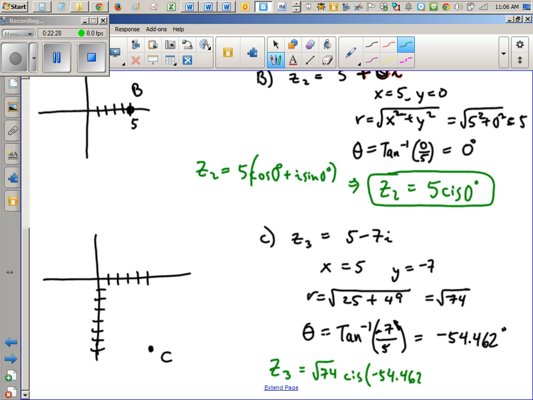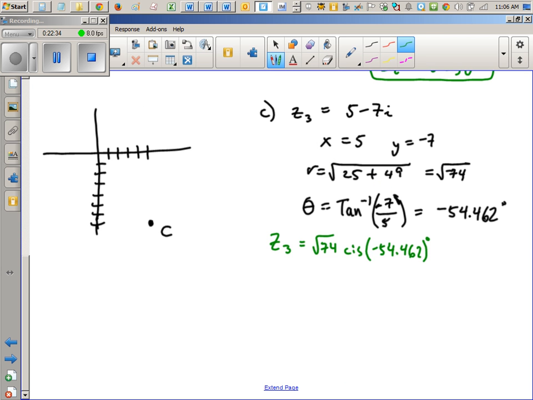Now, one more small tradition. These have names. Okay? This is called the modulus, or the absolute value of Z3.